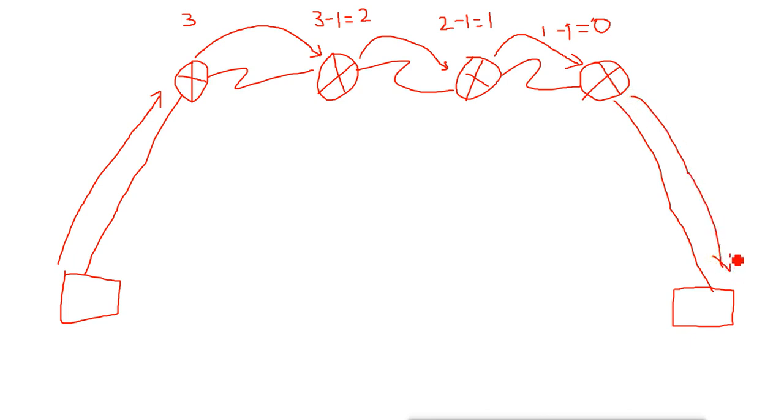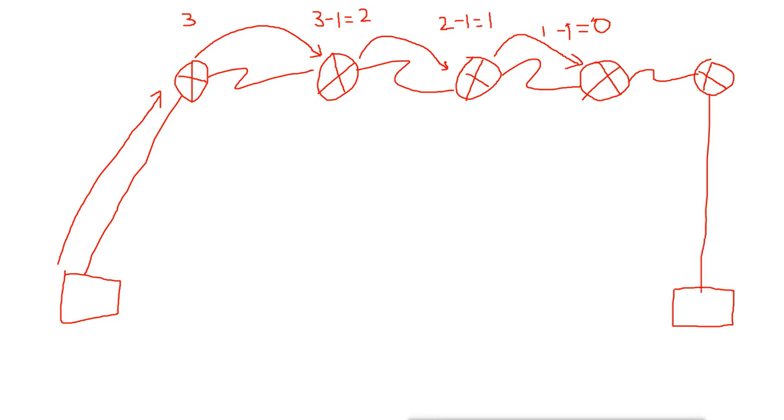But suppose the destination is connected to another router and it has to go through another router. Because the TTL value is 0 here, this packet will not be able to go to the next router, and the packet will be dropped by this router.